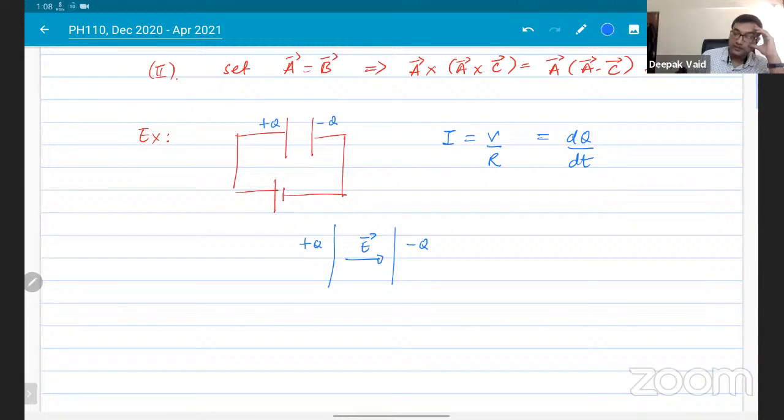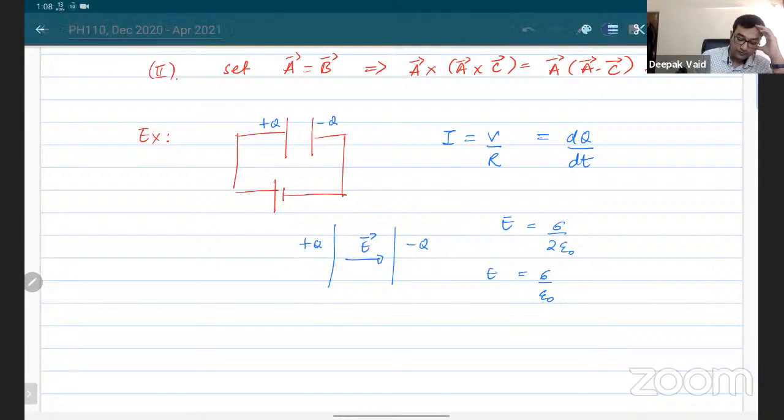I can use my equations for the electric field for an infinite sheet of charge, right? Remember what that was? Electric field is sigma by 2 epsilon naught. In this case, I will get electric field equal to sigma by epsilon naught because there are two sheets.